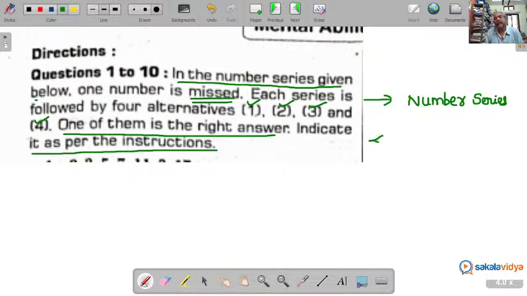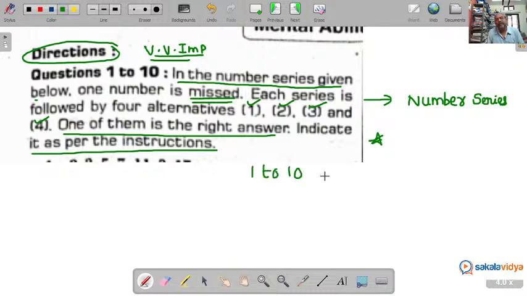My humble request to all the aspirants of NMMS is to first read the directions. Directions are very important. Questions 1 to 10 are related to number series, which you need to find out. Already we discussed number series in our previous classes, and you can watch those under logical reasoning.